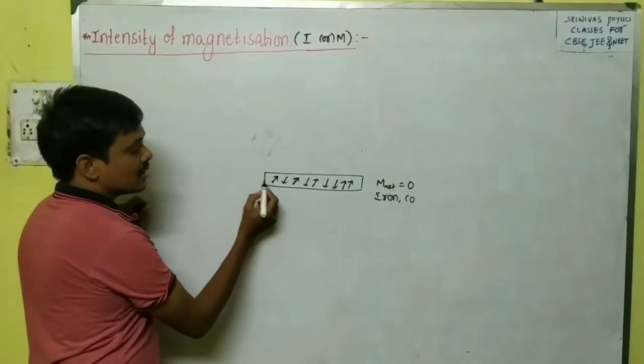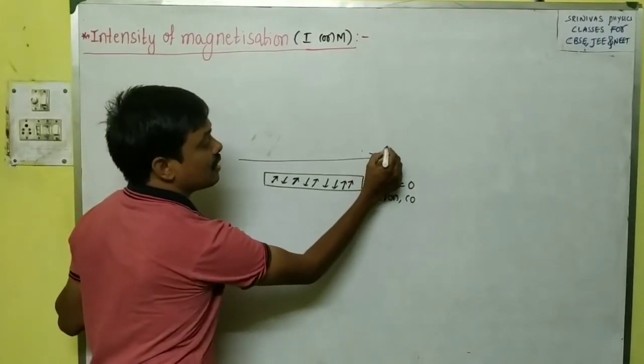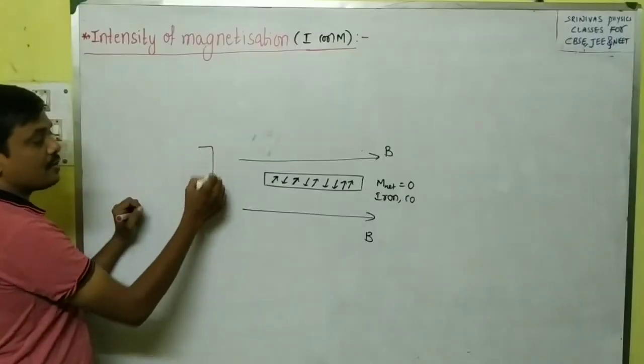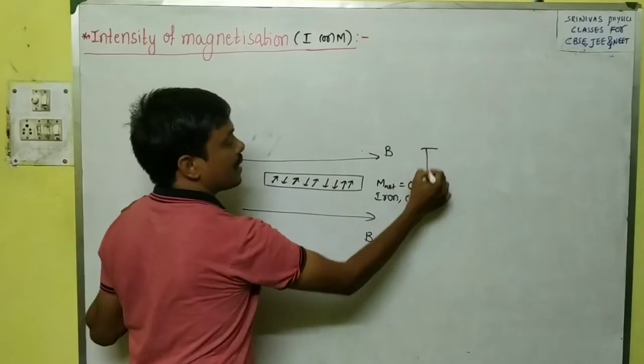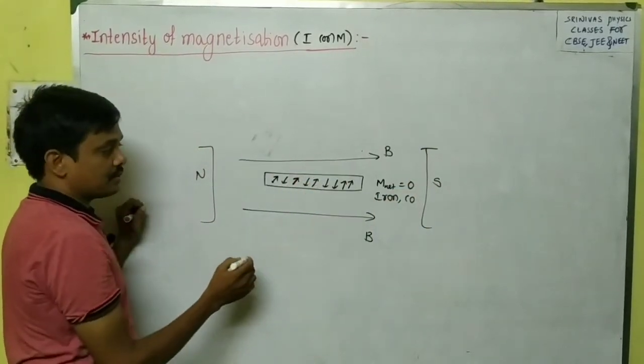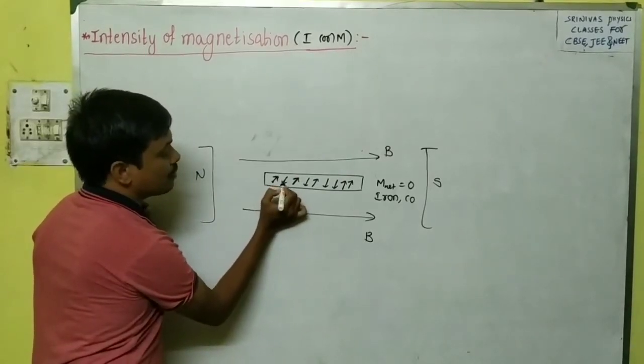If this magnetic substance is placed in an external magnetic field, meaning in between the two poles of a magnet or on the axis of a solenoid, what happens to these elementary magnetic moments?